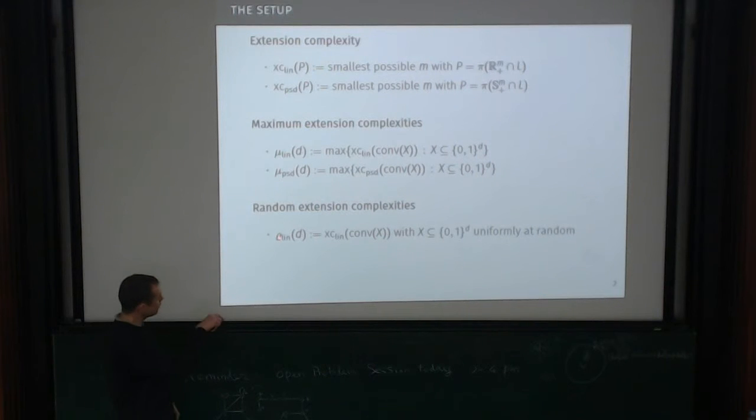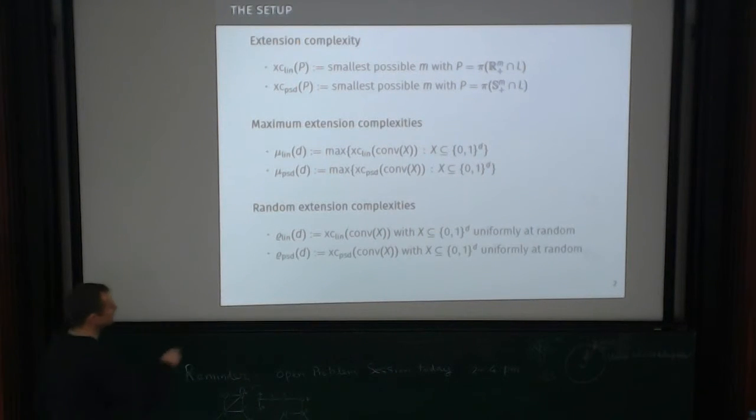So rho lin of d should be the linear extension complexity of a random 0,1 polytope in R^d, just chosen uniformly at random. And similarly, rho psd of d, the psd extension complexity of a random 0,1 polytope in R^d. So those are the functions we will have some statements about.